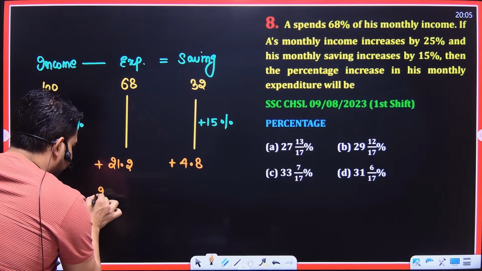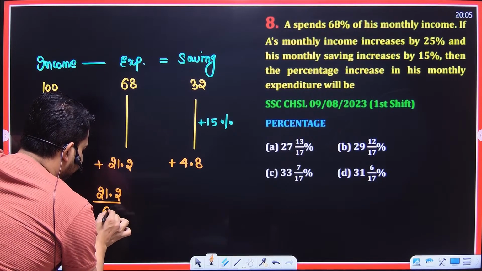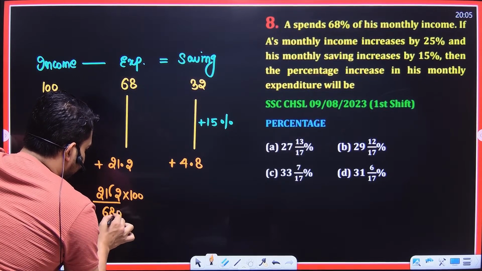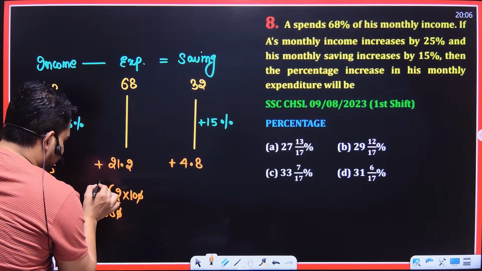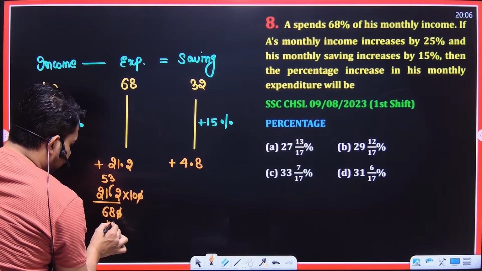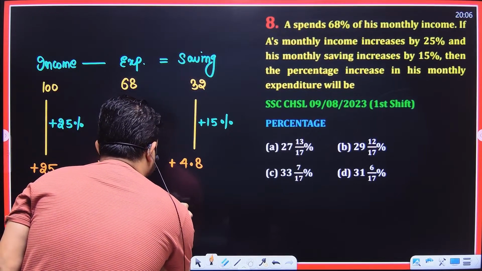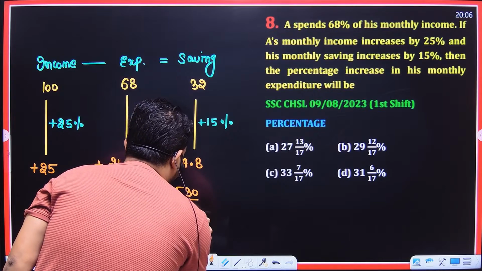So 21.2 upon 68 into 100. The 0 will be cancelled out. If I cut it with 4, then 4 5s and 4 3s, and here we have 17. So we have 530 upon 17. 17 3s are 51.